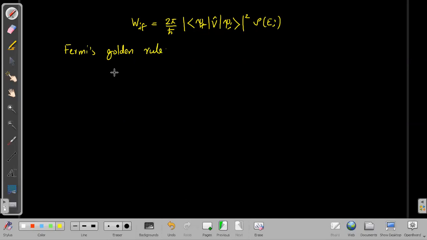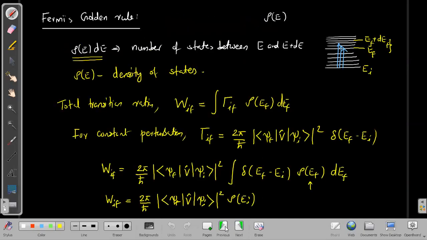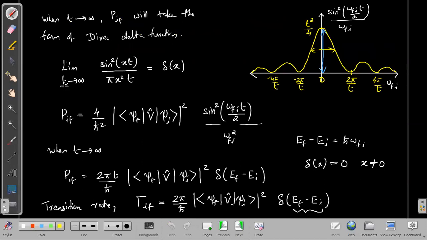If we wait for a long time, the transition rate would be a constant. So we have to think that all these results that we are getting are for t tends to infinity. This gamma_IF we are getting when t tends to infinity. When t tends to infinity, the probability of transition takes this expression, and the transition rate takes this expression.